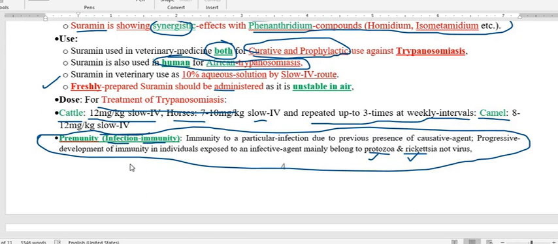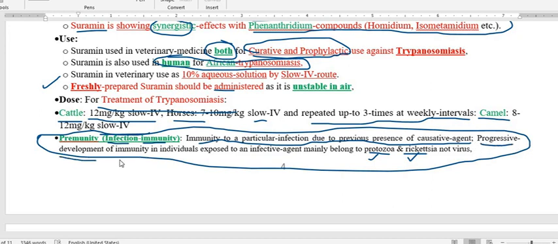So when infection occurs with a large quantity of protozoa entering the animal, this premunition is going to save the animal.